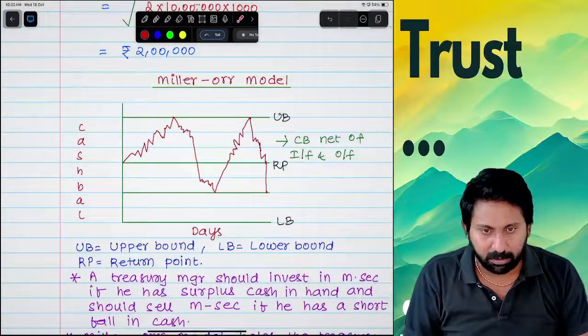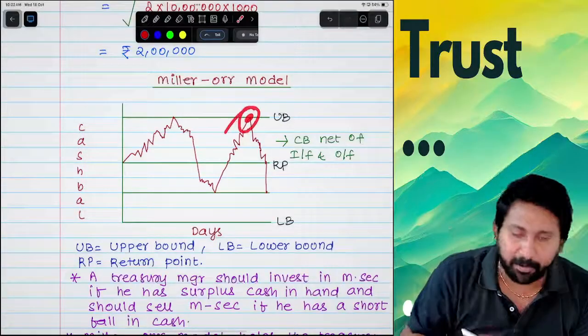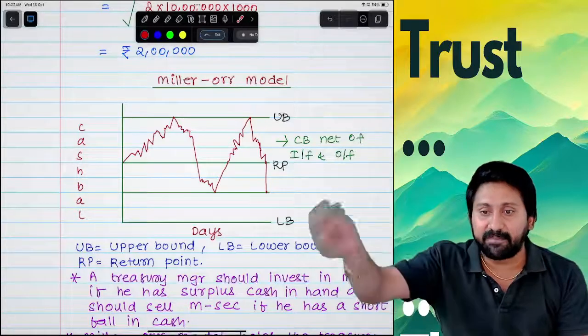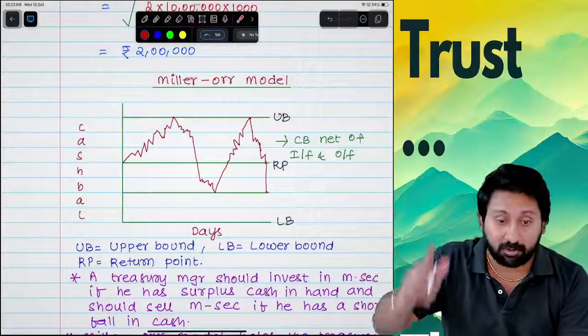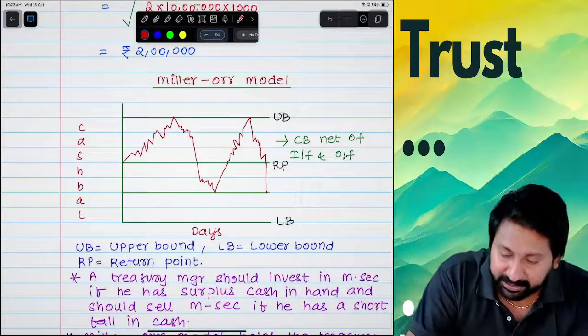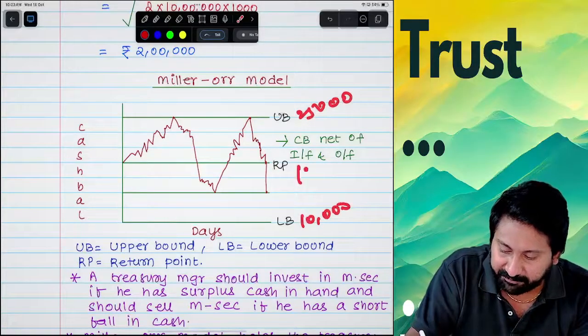At any point of time you may get a doubt: Sir, it reaches the upper boundary, what should I do? If the upper boundary is reached and a high cash balance is there, invest in marketable securities. How much should I invest? You should invest that much cash which brings it back to the repeat point. Say, for example, the upper boundary is 25,000, the lower is 10,000, and the return point is 15,000.